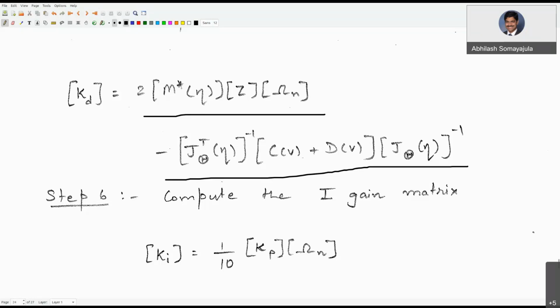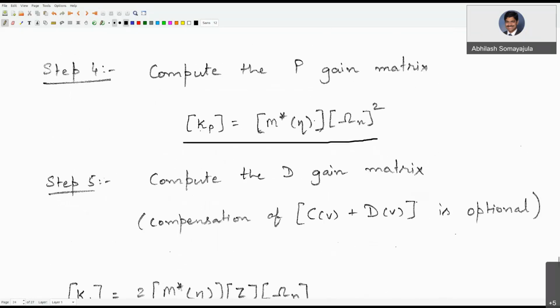But if you really look at our Kp matrix now, it is M star of eta times omega n square. Omega n square is fixed because I know where the natural frequencies of the system are located. But M star is not fixed. Because what is M star? M star is basically J theta transpose inverse times the mass matrix times J theta inverse.